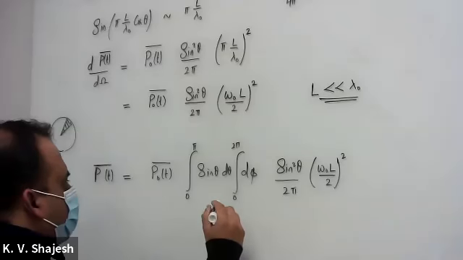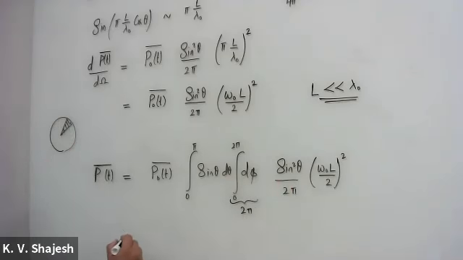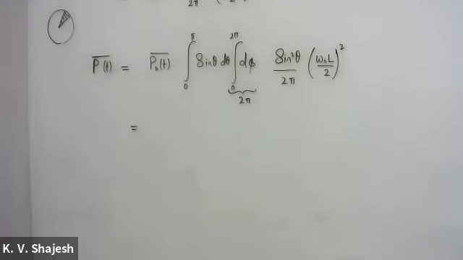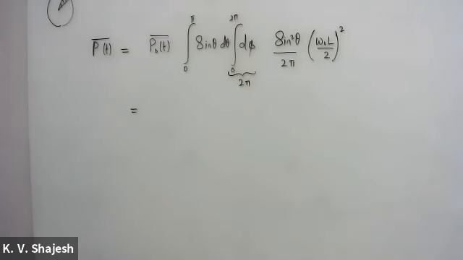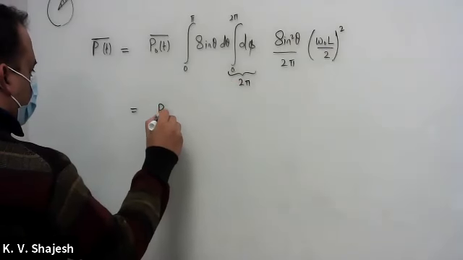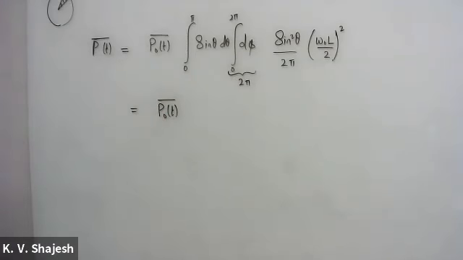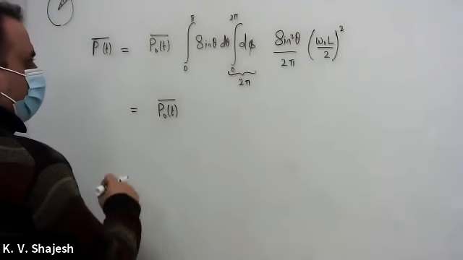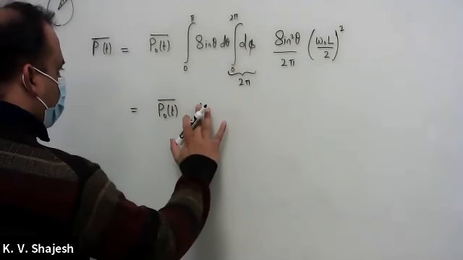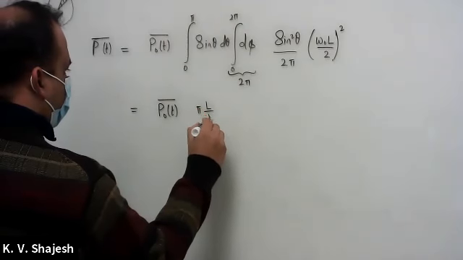There is no phi dependence, so that's 2 pi, and 2 pi cancels out. We have the amplitude of the power as far as theta goes, the maximum angular dependence, times, let me write it back in terms of pi L over lambda naught, square.